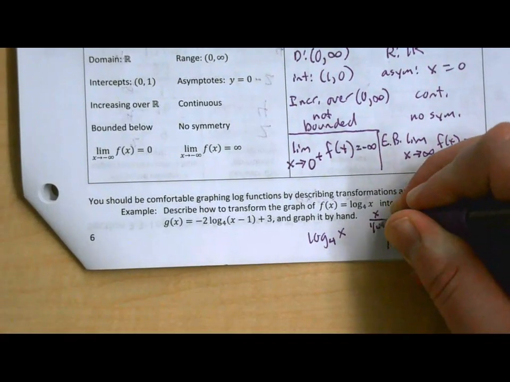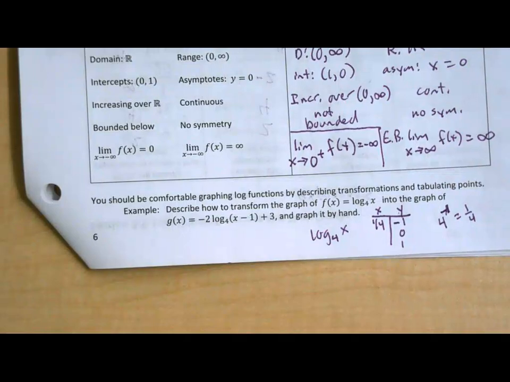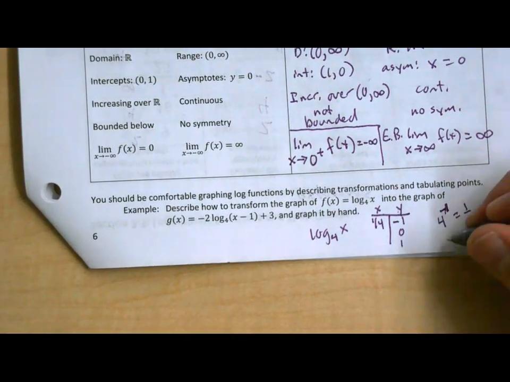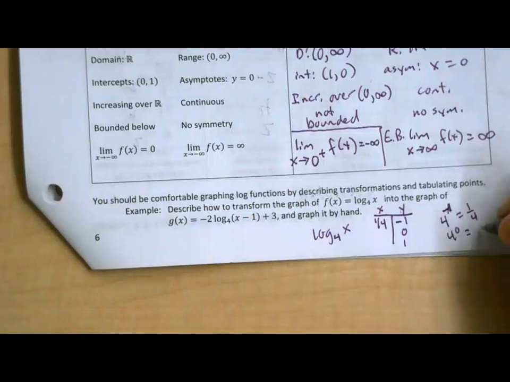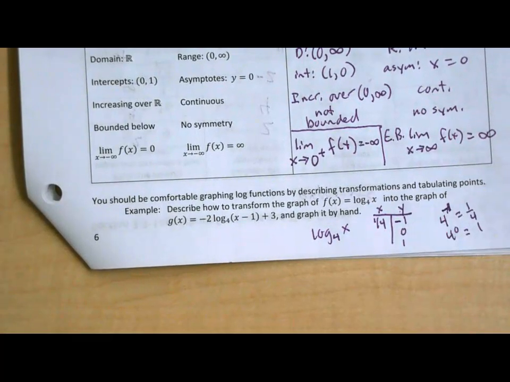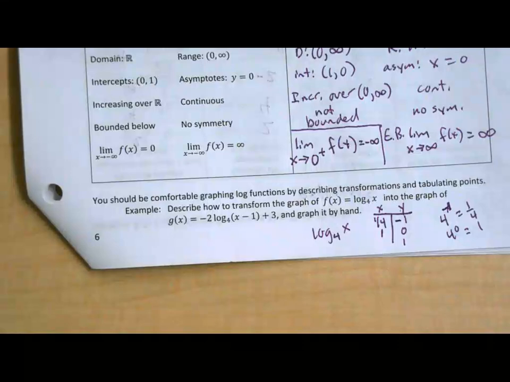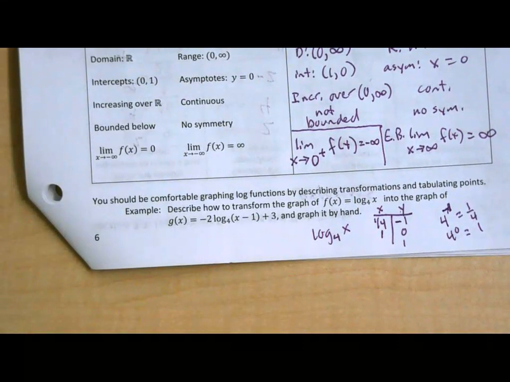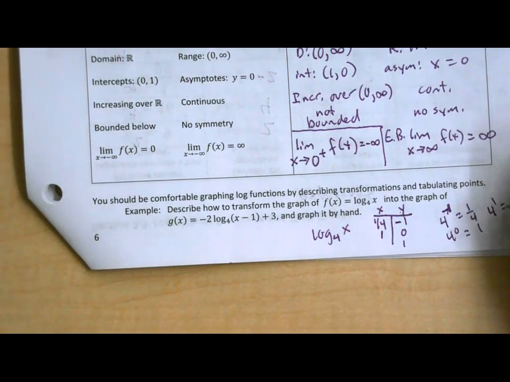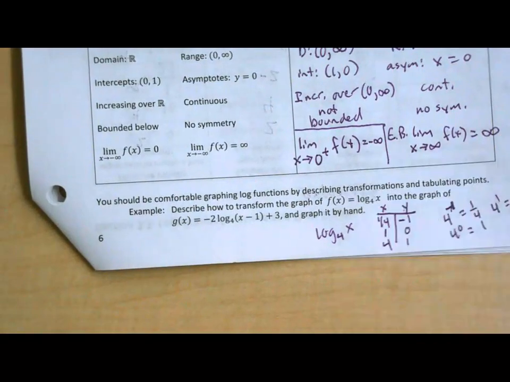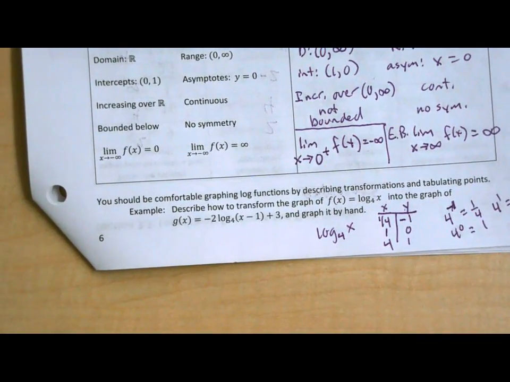So 1/4 goes here. 4 to the 0th power is 1. So 1 goes here. And 4 to the 1st power is 4. So 4 goes here. So if I were doing log base 4, it would look like that.